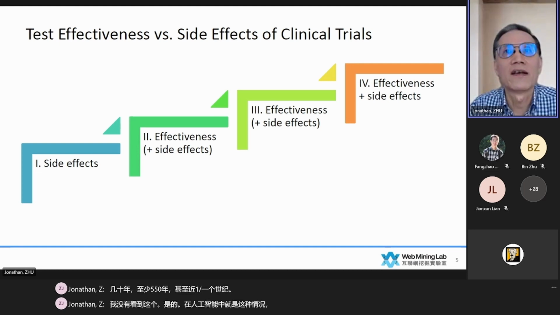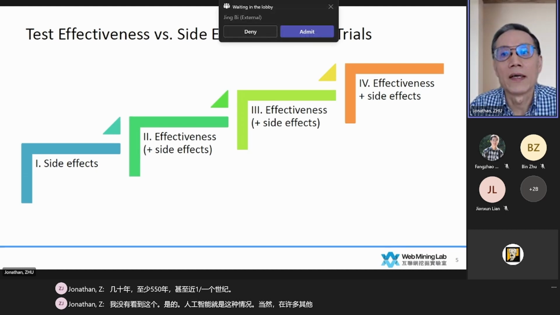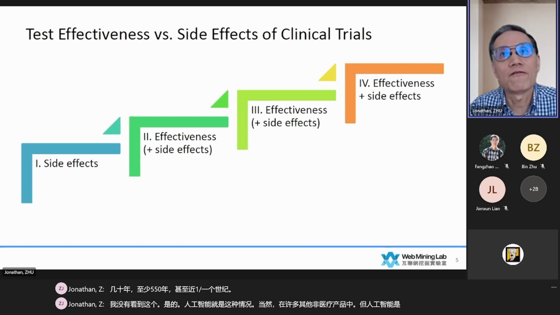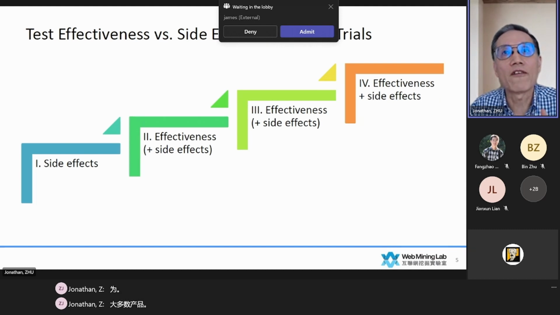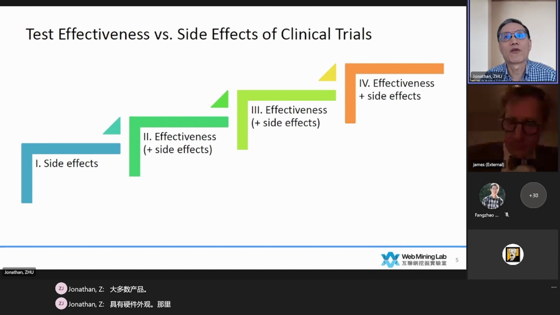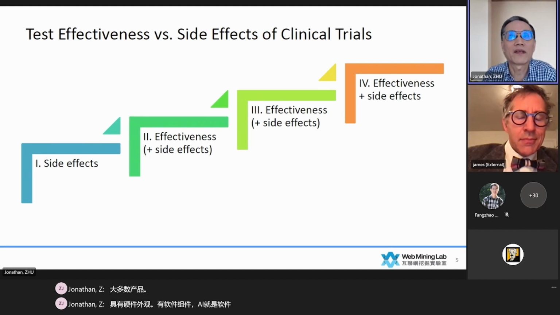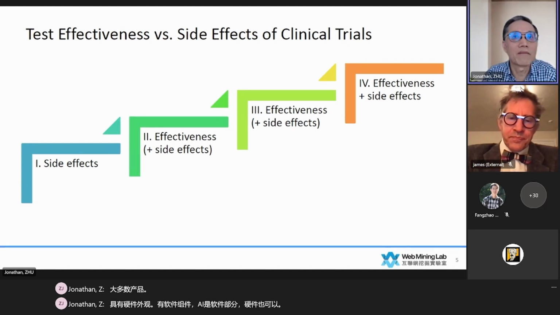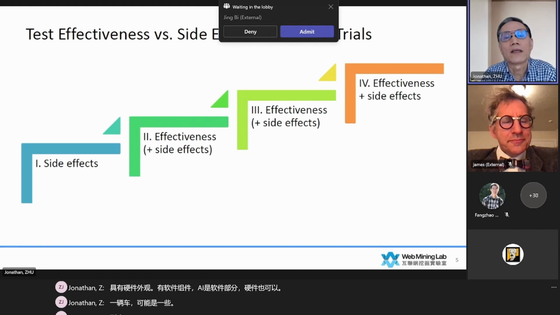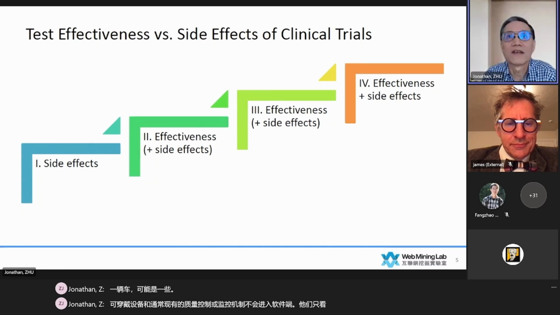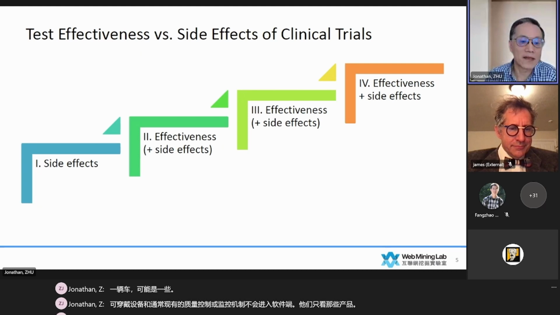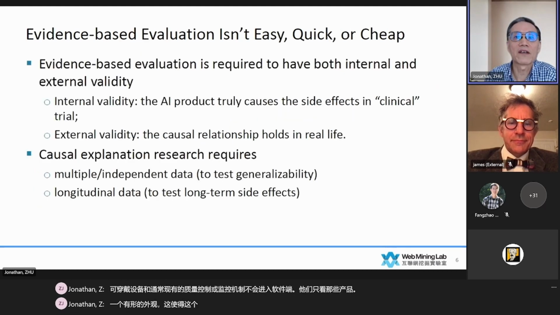Of course, in many other non-medical products too, but AI is particularly vulnerable or particularly important because most of the products have a hardware appearance with a software component, and the AI is the software part, and the hardware could be a car, could be some wearable device, and the existing quality control or monitoring mechanism doesn't go into the software side. They only look at those products from a tangible appearance, and that makes this post-launch evaluation particularly important.